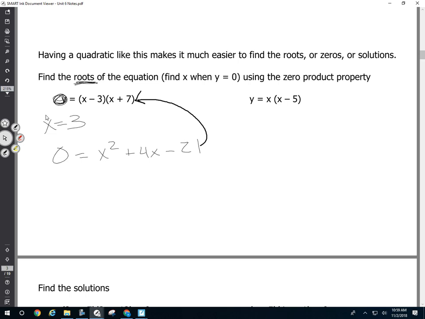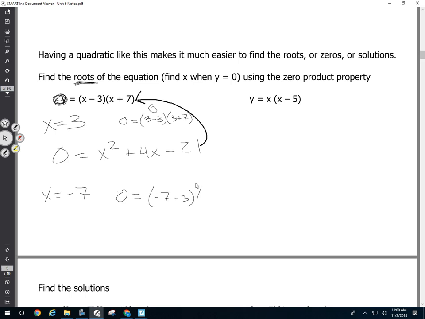3 works, right? If I plug in 3, I'd get 0 equals 3 minus 3 times 3 plus 7. I know that this is 0. I don't care what 3 plus 7 is, because 0 times anything is 0. So 3 works. Negative 7 works, because if I plugged in negative 7, I'd get negative 7 minus 3.